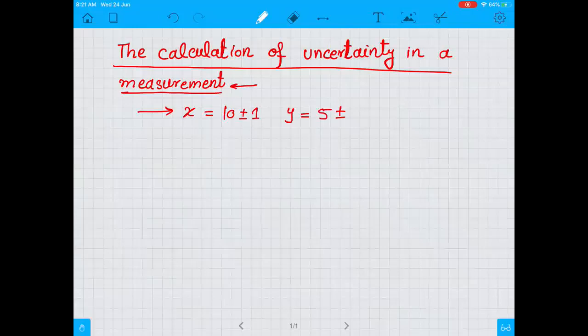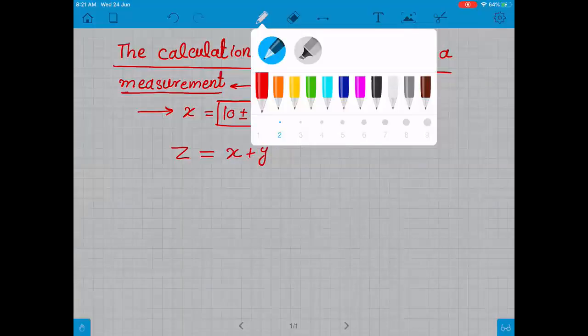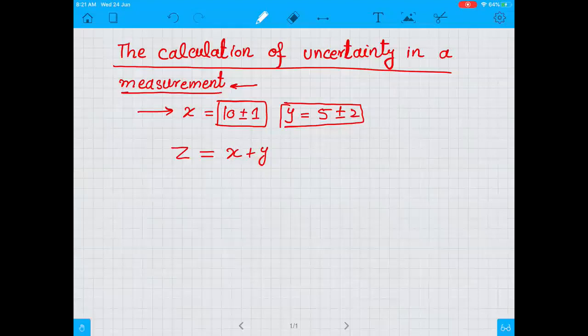Let's suppose these are the values and uncertainties of x and y. Now you have to calculate another number z that is equal to x plus y. What is the method to calculate z?